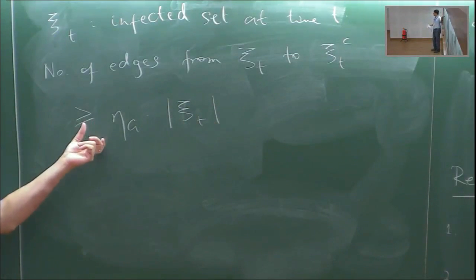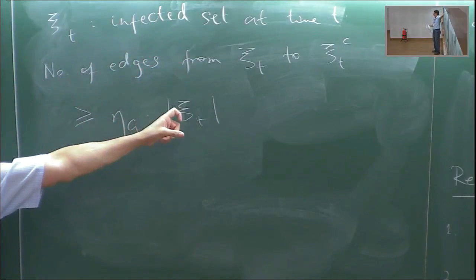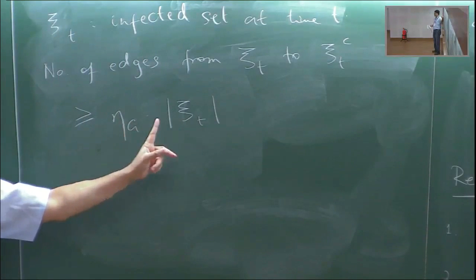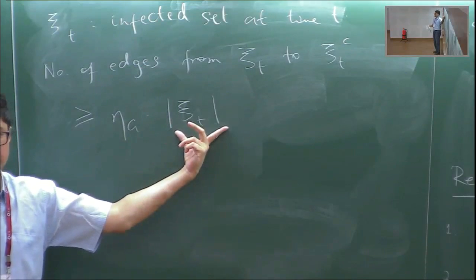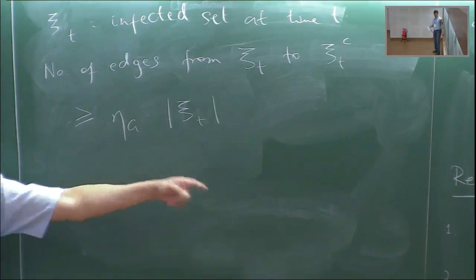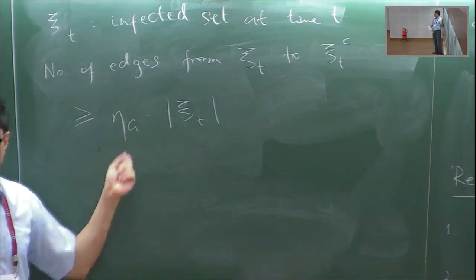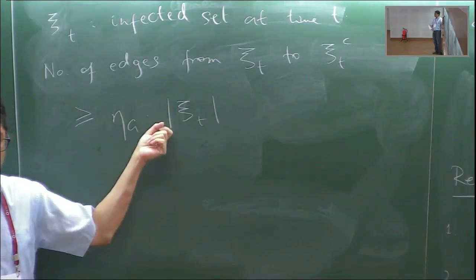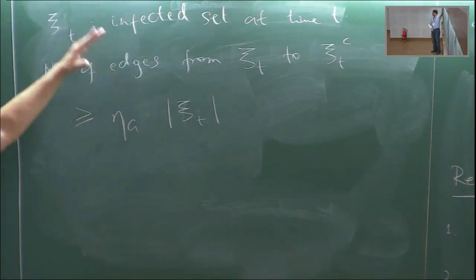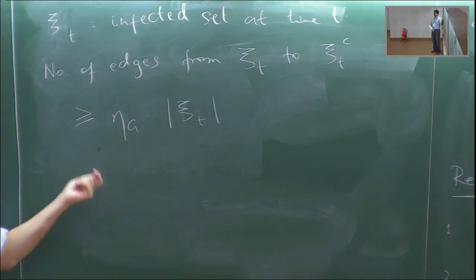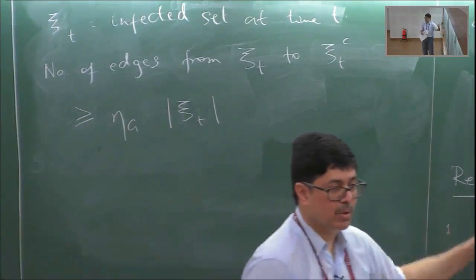That's the definition of the isoperimetric constant. So the total rate at which you are adding one more infected vertex is at least lambda times this. The rate at which you are decreasing the number of infected vertices is the cardinality of Xi t. So under that condition, precisely, you have a random walk with upward drift. The number of infected vertices is more likely to increase than to decrease. And we know that a random walk with upward drift takes exponentially long to hit the origin. And that's the idea. So that's where these quantities turn up.